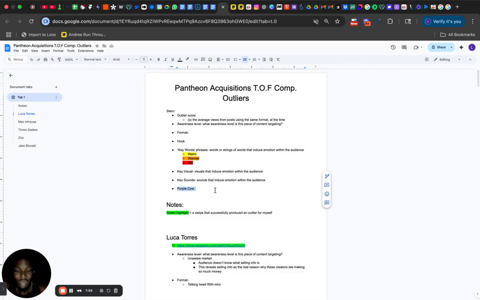But when you look at Nick Setting's Miro boards, it's the same format, but the purple cow is the complexity of the structure or what he's showing. It's super complex when it really doesn't need to be. That's how I can compare that, because again it's the same format, talking head Miro board. Compare that to a regular talking head Miro board. Nick Setting's looks a lot more complex, and that just catches attention, right?